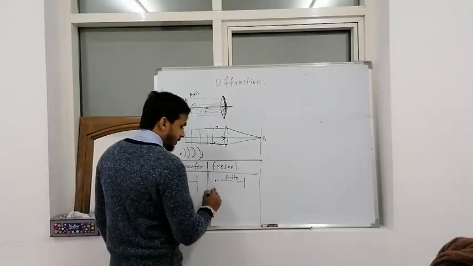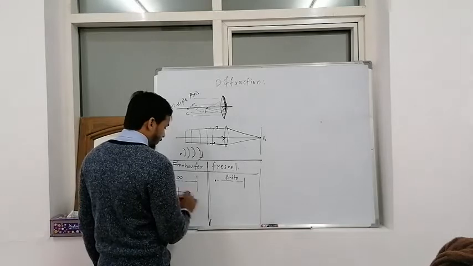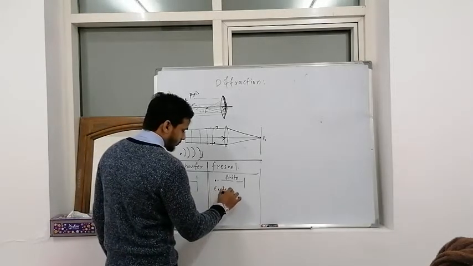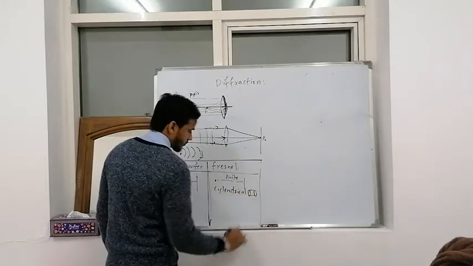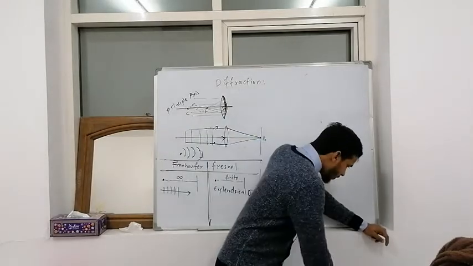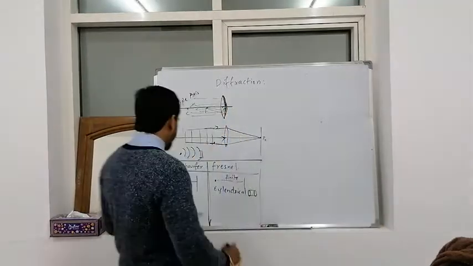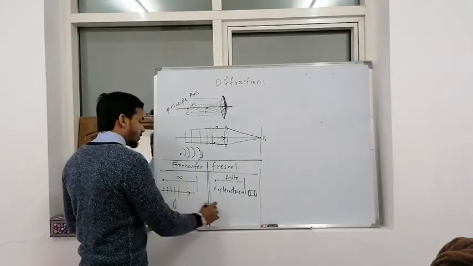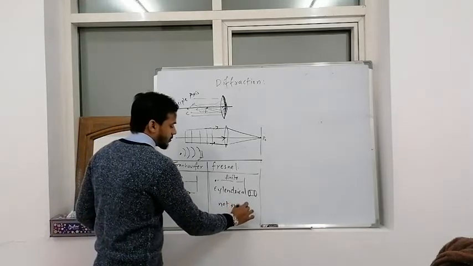Here, we are using some other type of wavefront, that is a cylindrical wavefront, somewhat like this. Nice. And here, basically, we will use the lens. Here, there is no mention of the lens. Not mentioned.